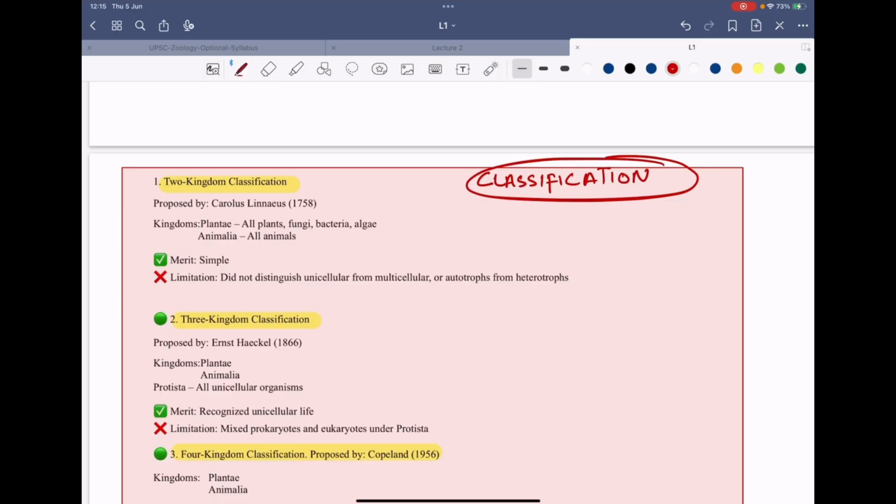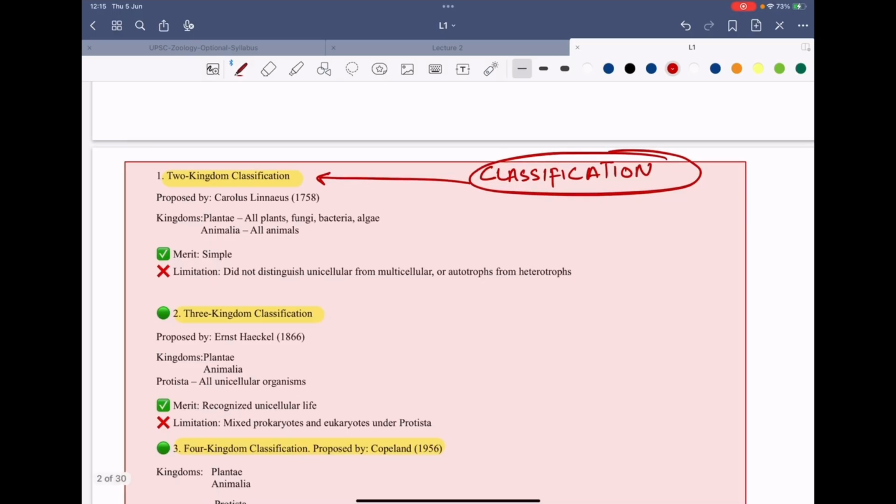The first type of classification that was given was the two kingdom classification, where the organisms were divided into two kingdoms. It was given by Carolus Linnaeus, and the two kingdoms were Plantae and Animalia. Plantae contained all the fungi, bacteria, algae, because it was a very rudimentary and primitive type of classification.